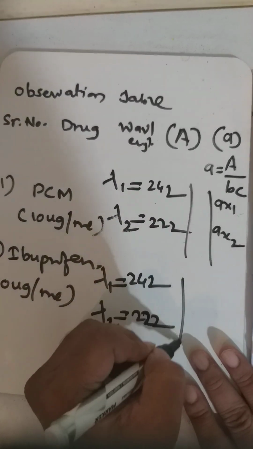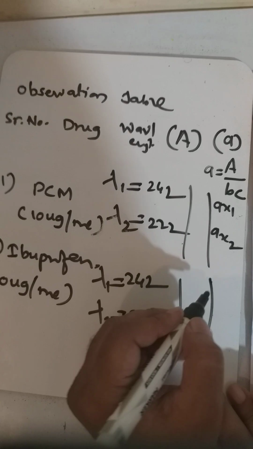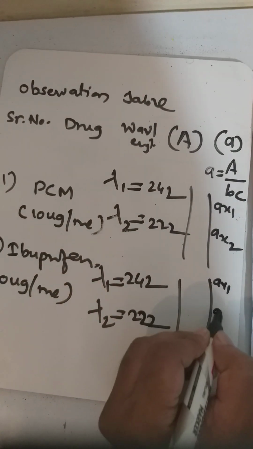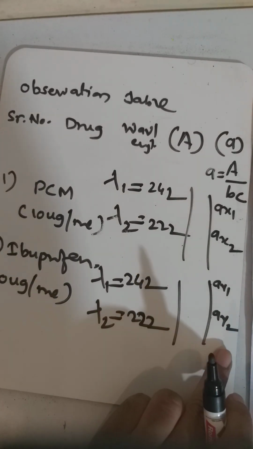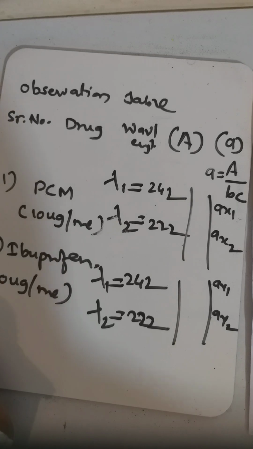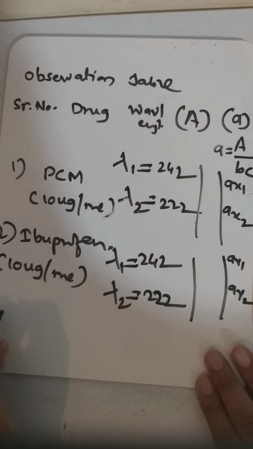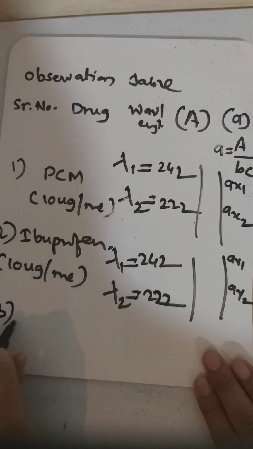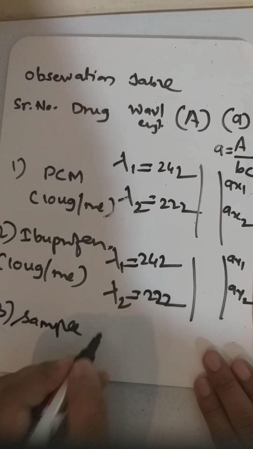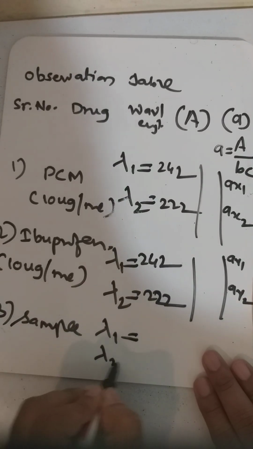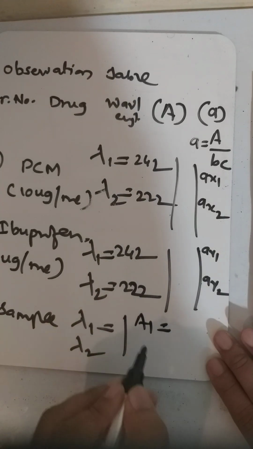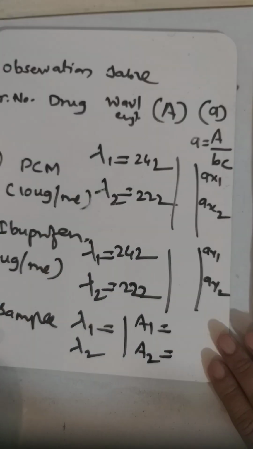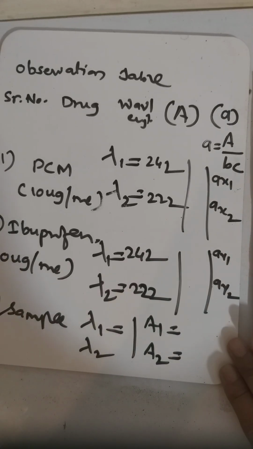Obviously you will find out the absorbances, and then you will find out the AY1 and AY2, that means absorbance divided by concentration at Y1 and at Y2. The third thing would be the sample, at lambda 1 and again lambda 2. Thereafter you have to find out the absorbances A1 and A2. All these things are there.